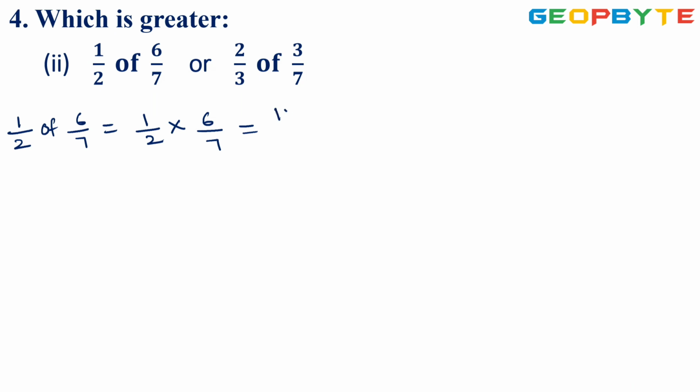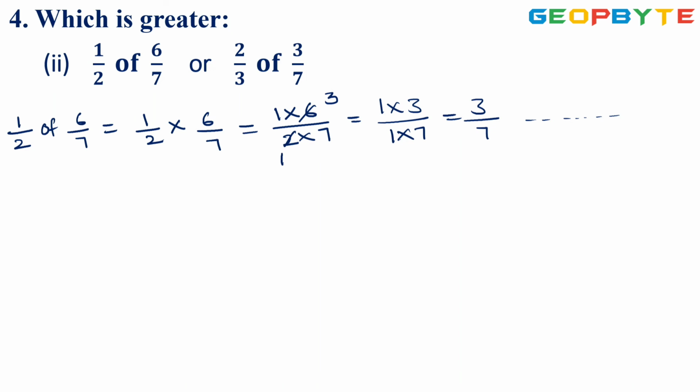So product of numerators is 1 into 6 by product of denominators, 2 into 7. 2 ones are 2, 2 threes are 6. So 1 into 3 by 1 into 7. So 1 threes are 3 by 1 sevens are 7. Let us consider this as equation number 1.